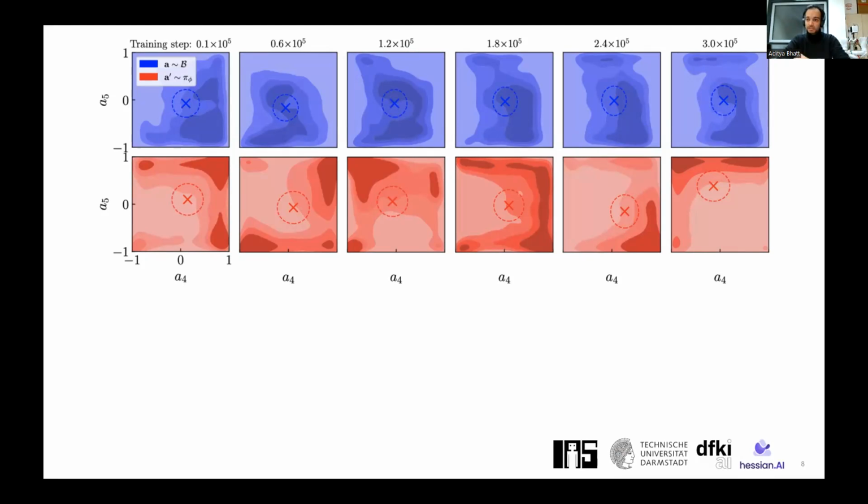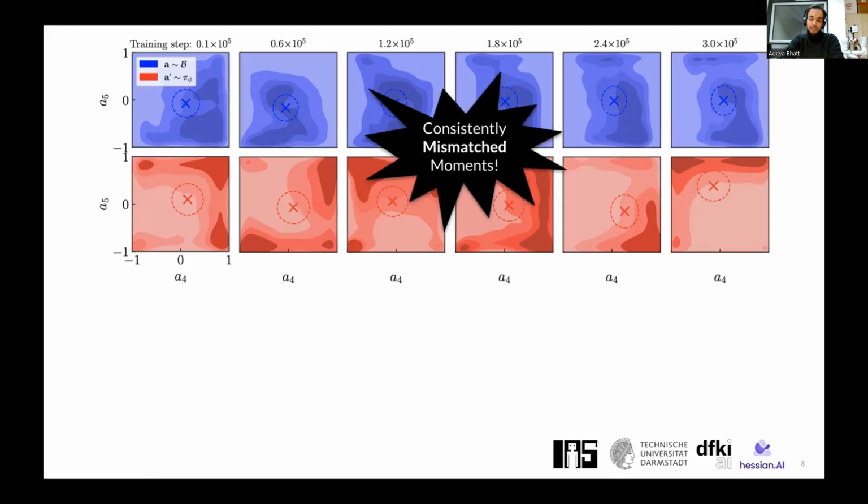These are just arbitrarily sampled dimensions of your action space to get a 2D plot. And you see that the distribution of actions from your replay buffer, that's blue, is very different from the actions that your policy wants to propose. And it's persistently different throughout the process of training.